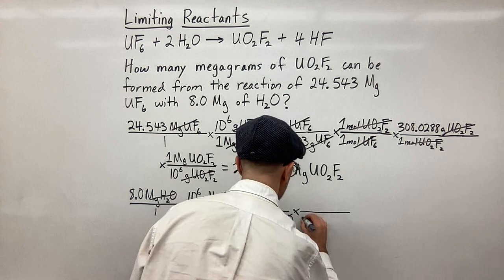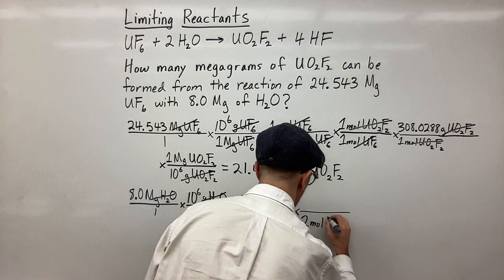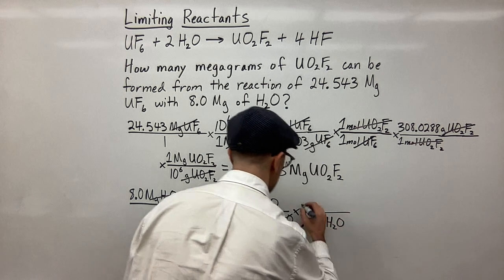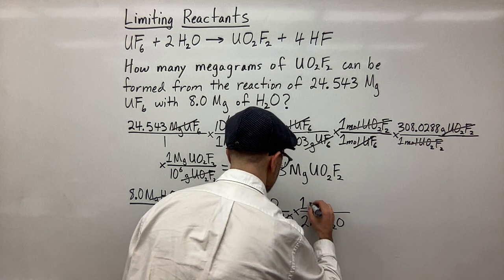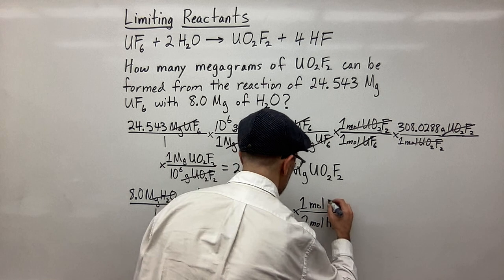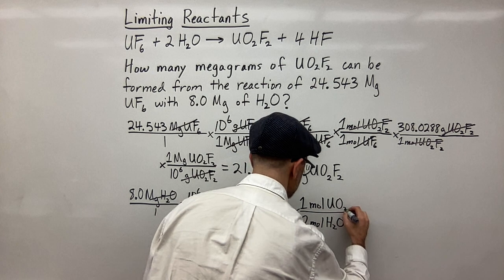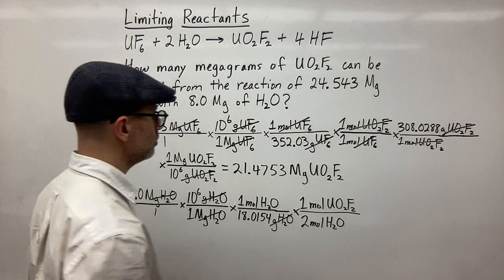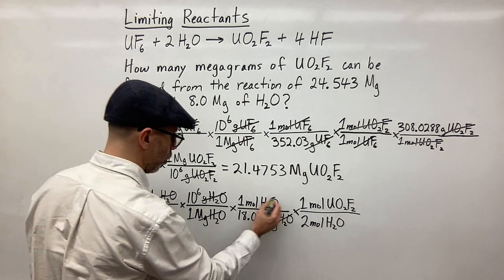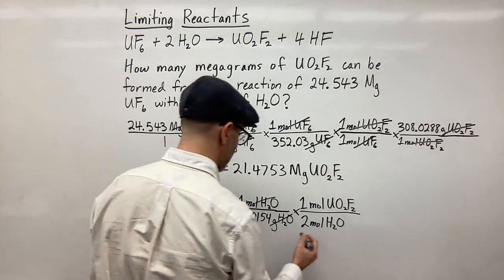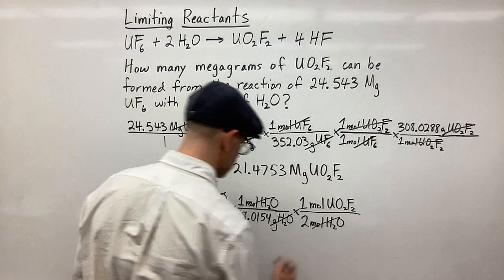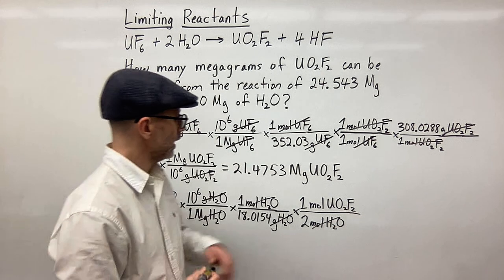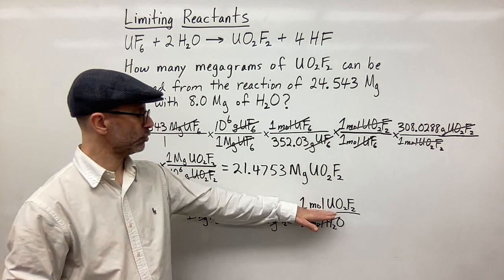So it's going to be 2 moles of water, and then on top we have 1 mole of the UO2F2. So again, moles of water cancel out. And now I have moles of my UO2F2.